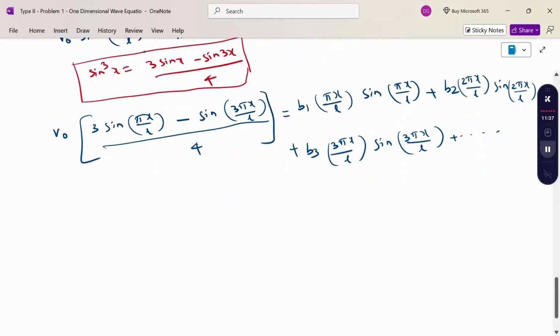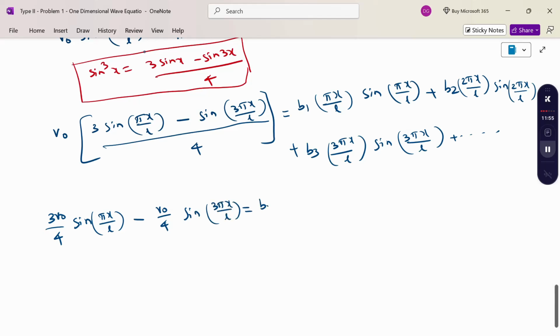On the left, multiplying the constants, we get 3 v naught by 4 sin(pi x by L) minus v naught by 4 sin(3 pi x by L).